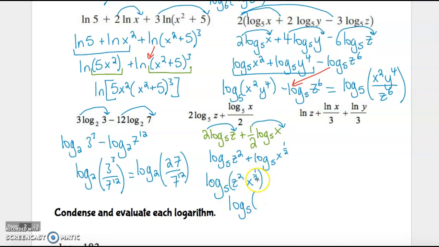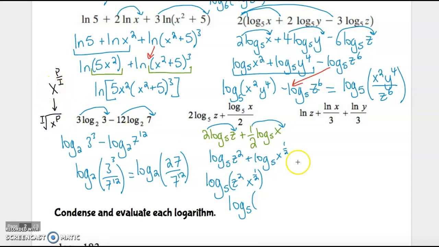laws of exponents say that if you have, write it off to the side somewhere, if you have an x to some power, some fraction, that's your power over index, that means that we can rewrite that as the index root of x to that power.